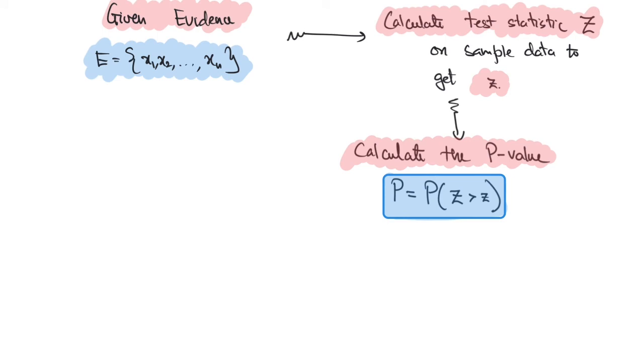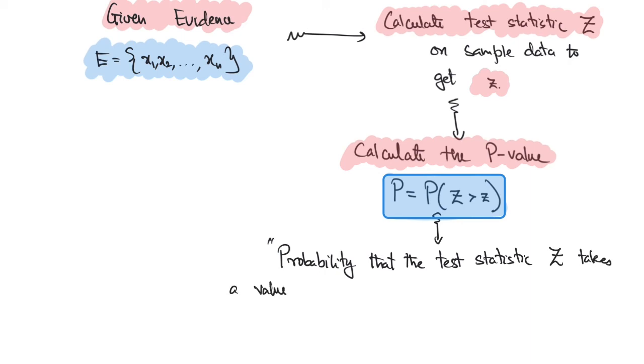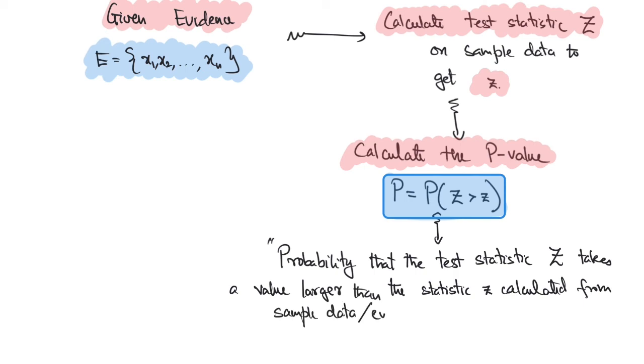We denote this number by capital P, called the p-value. The p-value is the probability that the test statistic Z takes a value larger than the statistic small z calculated from the sample data or the evidence under the assumption that the null hypothesis is true.